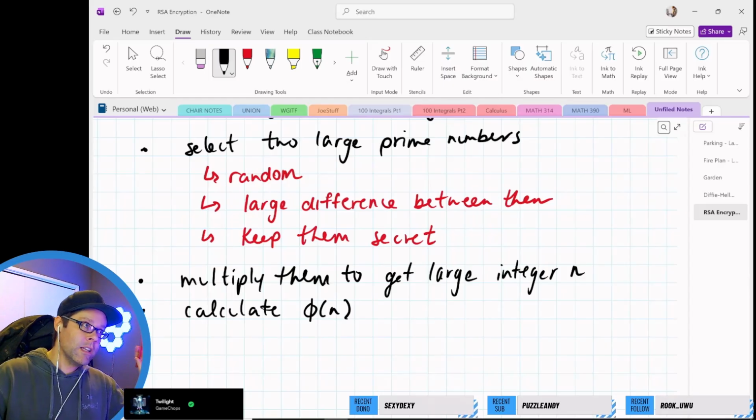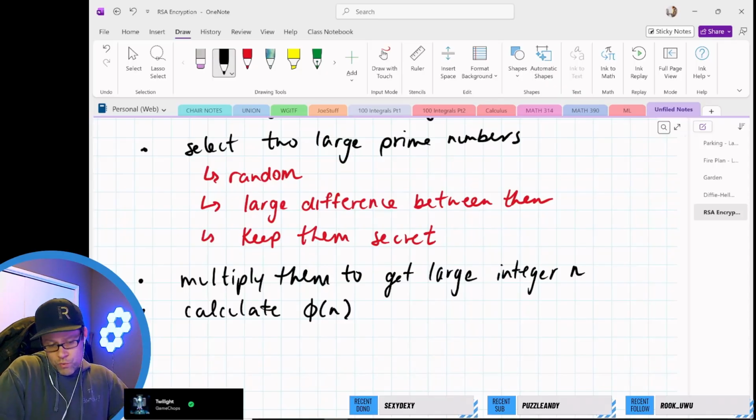Once we have that really large number n, we're going to calculate phi of n, which is relatively quick to do because this is a composite number. It's just composed of two prime numbers, so we have a really nice formula for calculating phi of n.